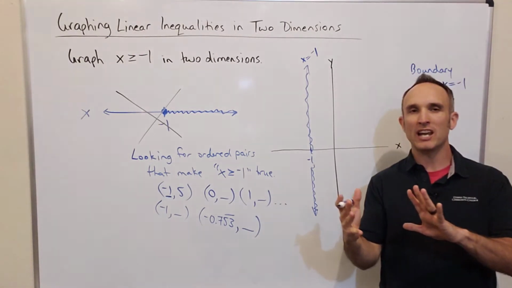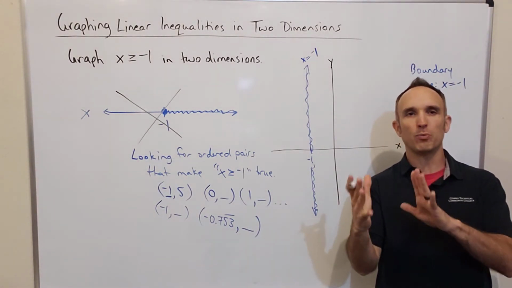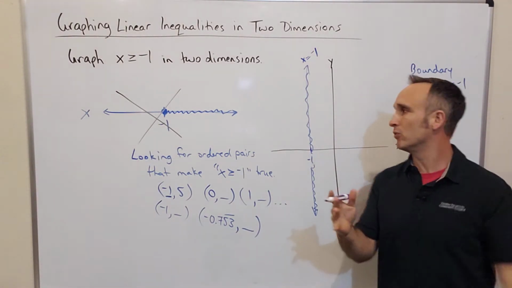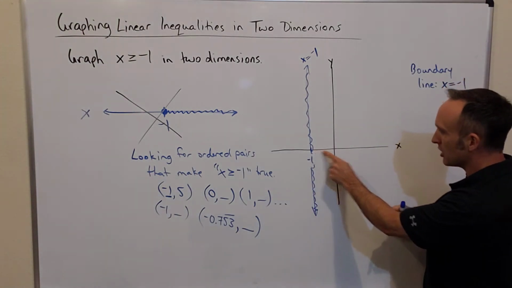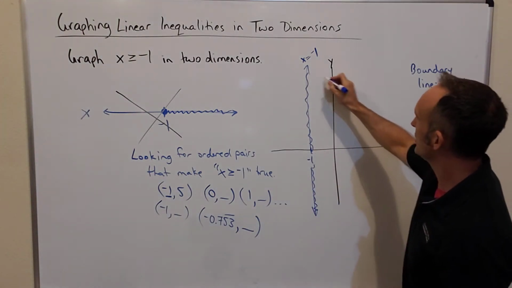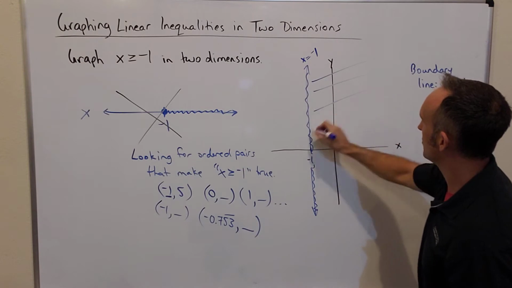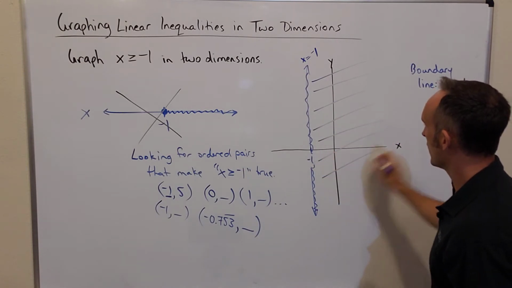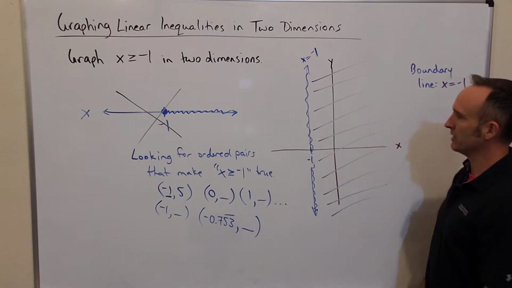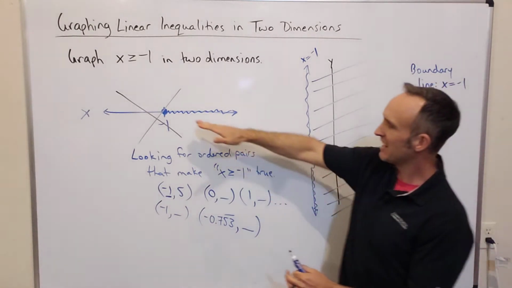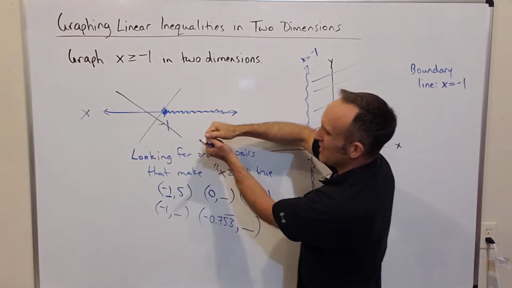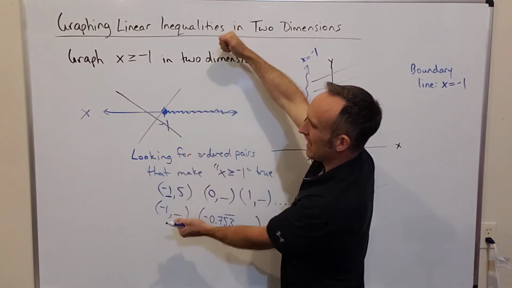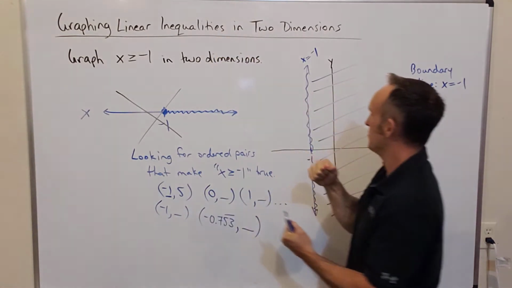And then I need to shade all the x values, all the points with x values bigger than -1. Now here, instead of being just on the x-axis, it's actually everything in the plane to the right of that boundary. So it's like taking the one-dimensional solution and then stretching it vertically to change it into 2 dimensions.